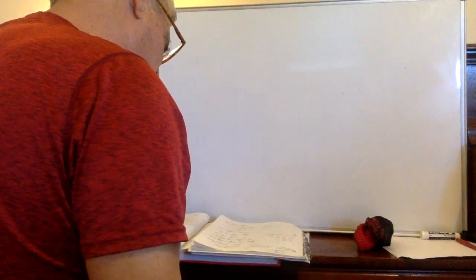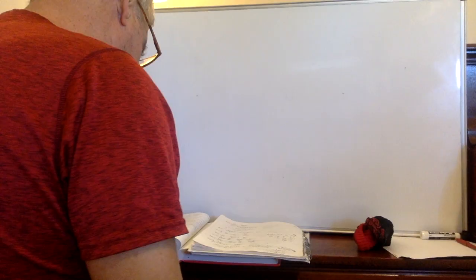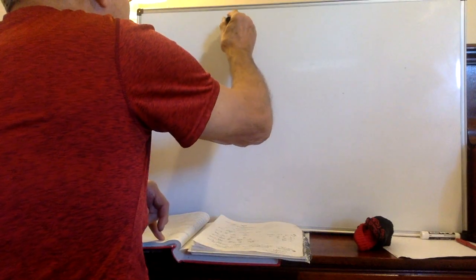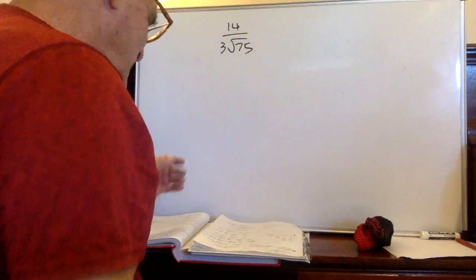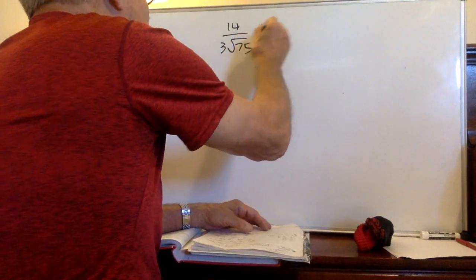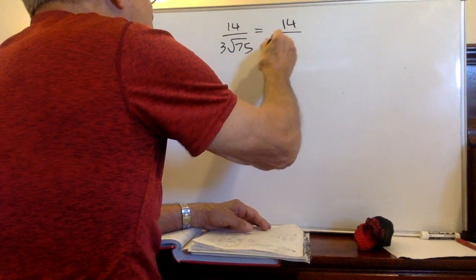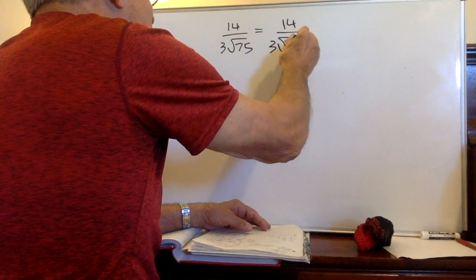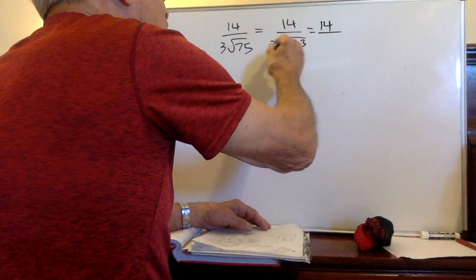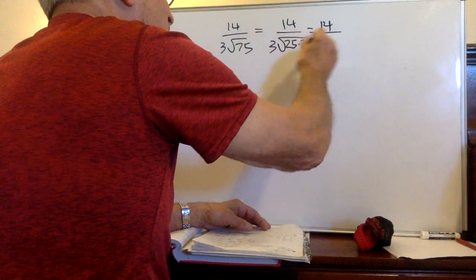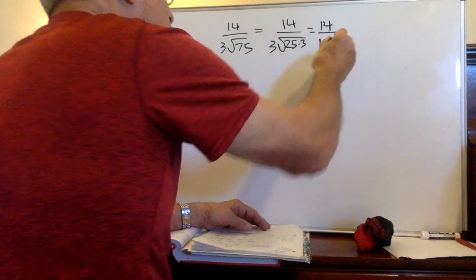The next problem, number 20. 14 over 3 root 75. I would do it this way. It makes it simpler. 25 times 3, which becomes 14 over 3 times, the square root of 25 is 5. It comes out 15 root 3.